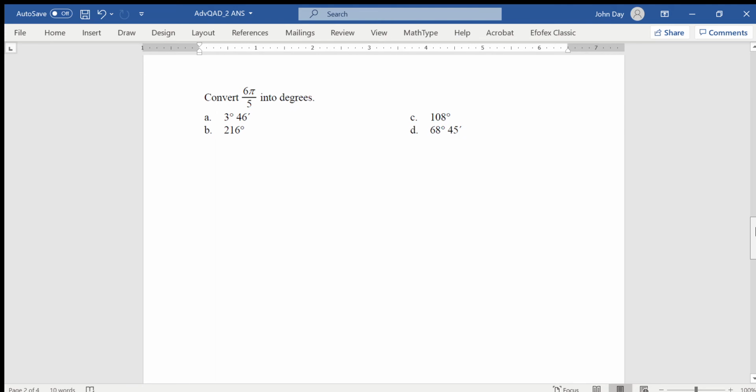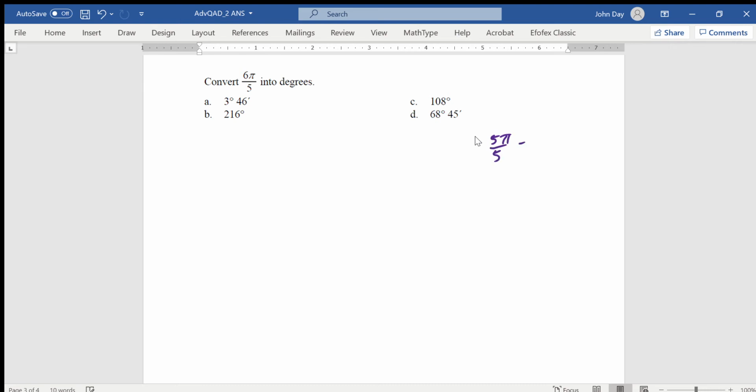So next question. Convert 6 pi on 5 into degrees. Multiple choice tactics would get us there for this one, because we all know 5 pi on 5 is equal to pi, and pi is 180 degrees. Now they're telling us 6 pi on 5.